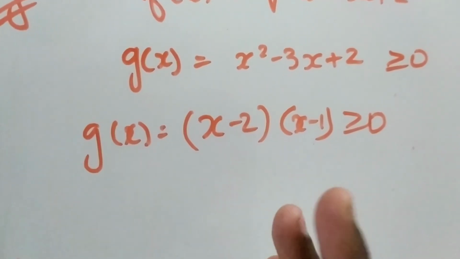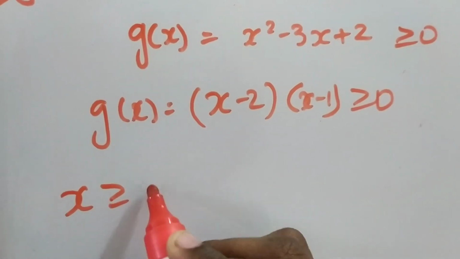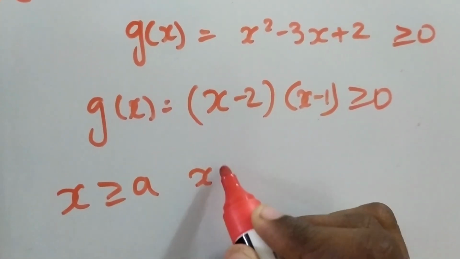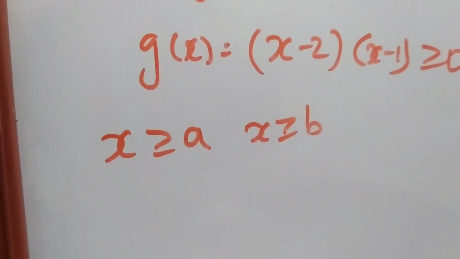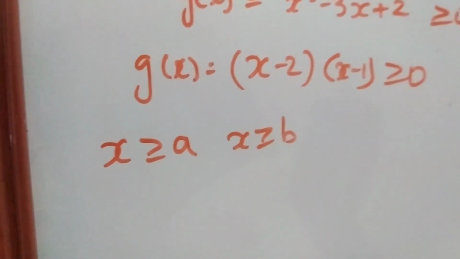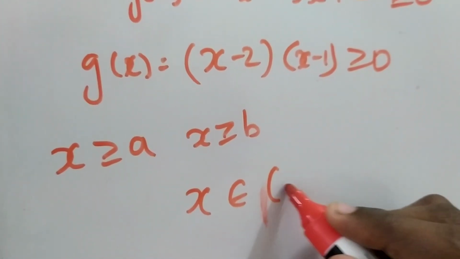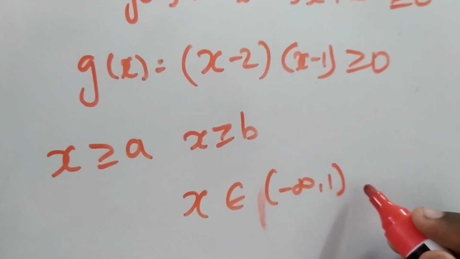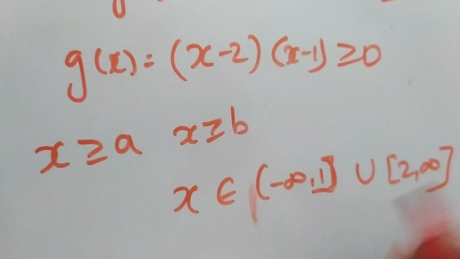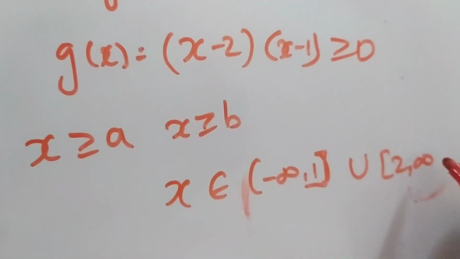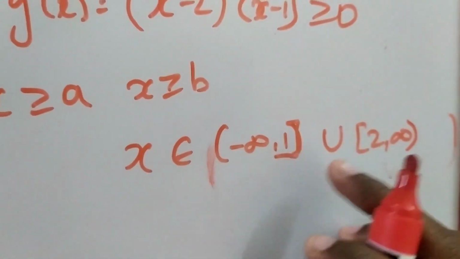If you have conditions like x greater than or equal to a, x greater than or equal to b, you have to check which is the greatest number and put accordingly. Therefore, x belongs to minus infinity comma 1 union 2 comma infinity. For infinity it should be an open bracket, and for 1 and 2 you have to use a closed bracket.